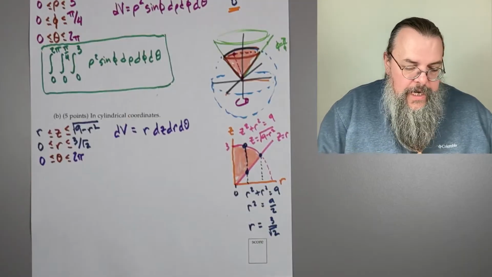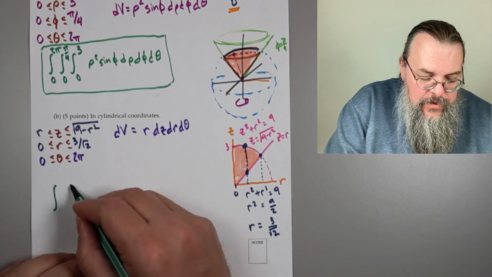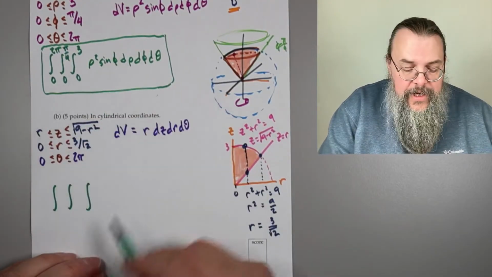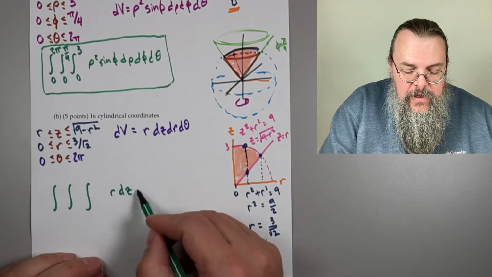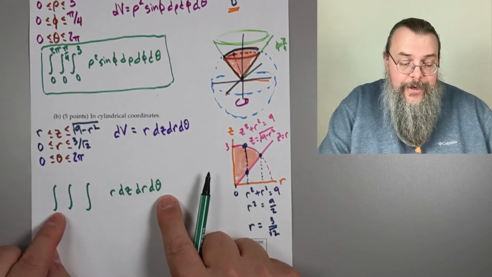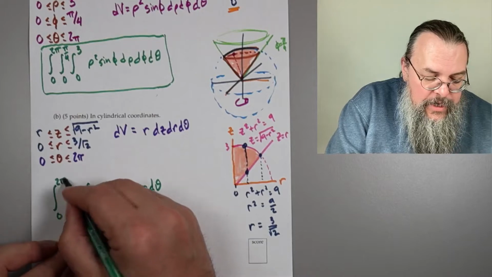So we have the integral, integral, integral, the 1, which we don't need to write again, the dv, r, dz, dr, d theta. Working from the outside, theta goes 0 to 2 pi. All right, great.